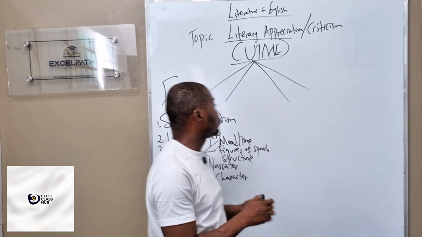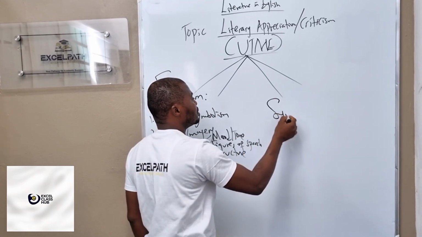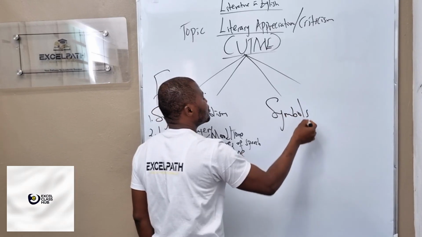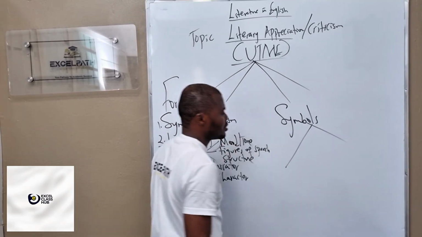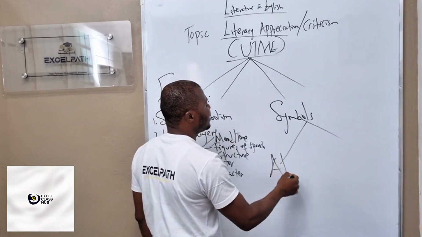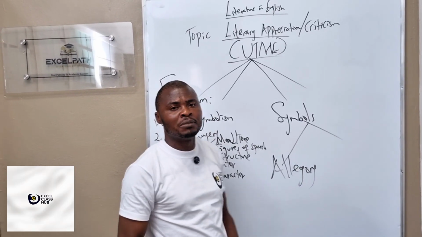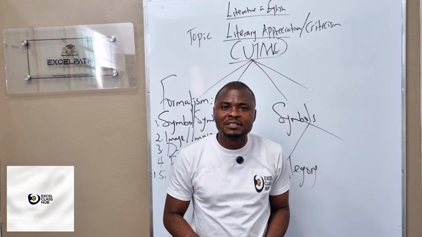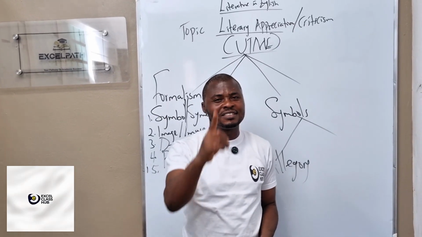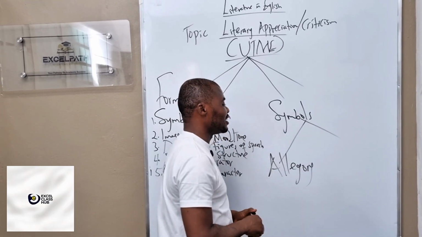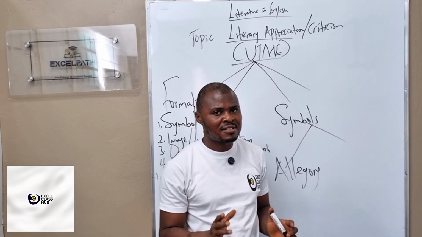Now, we have two types of symbols. Symbols, they are of two types. There's what we call allegory or allegorical symbols. You take your time to pronounce that? Yes, you got it right. Allegorical symbols.